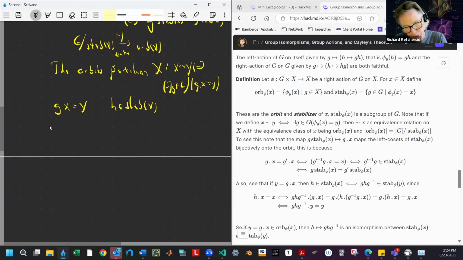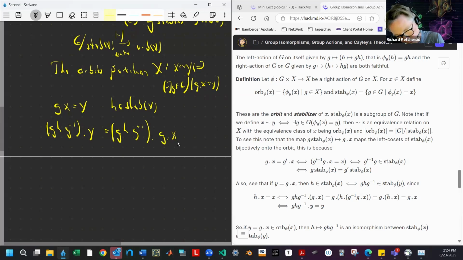Then we can do this computation: g h g inverse dot y is g h g inverse dot g dot x, because y is g dot x. And so this is gh.